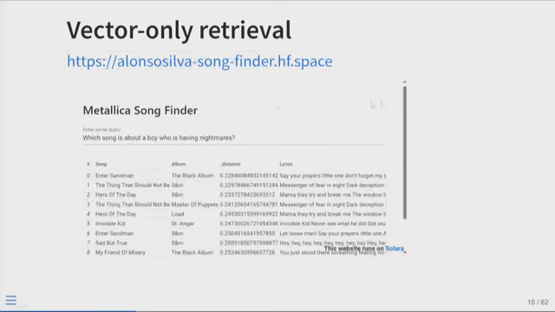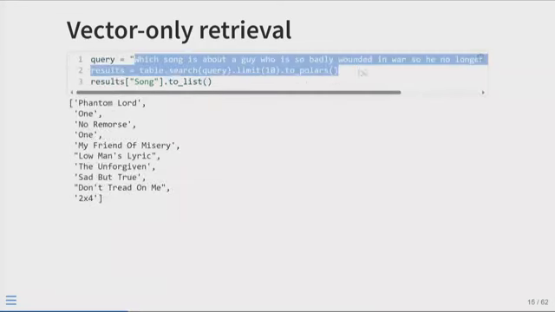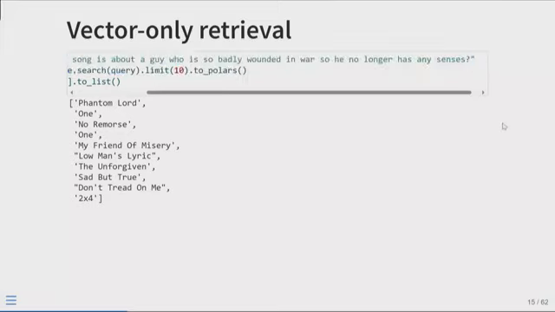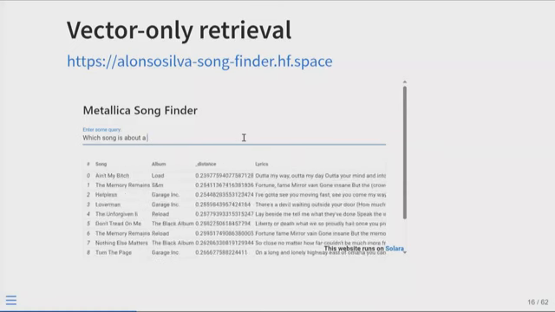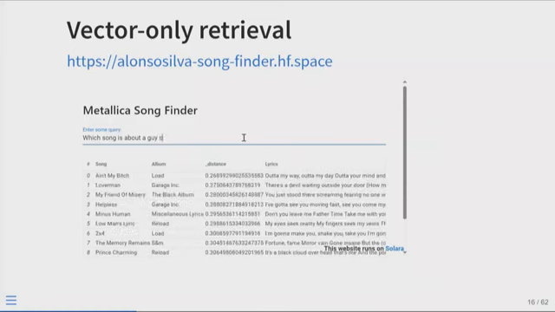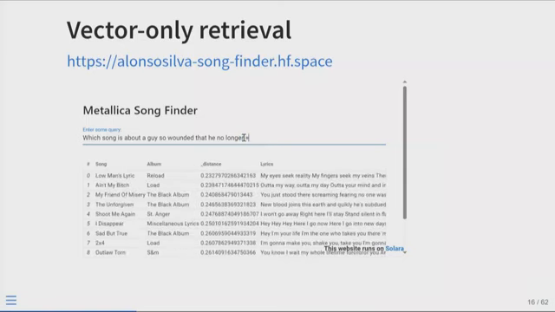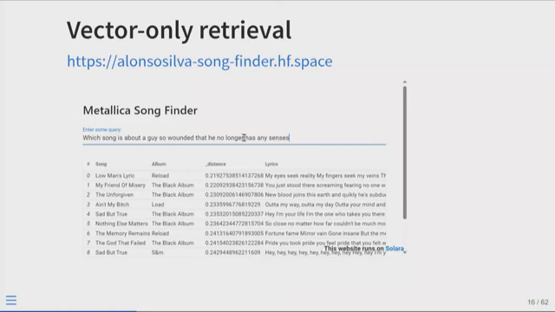But we hope, and this part is just to show. If I copy the query, this should work, I guess. So it's having nightmares. In this case, it gives Enter Sandman, so that's correct. And then it's about a guy so wounded that he no longer has any senses.